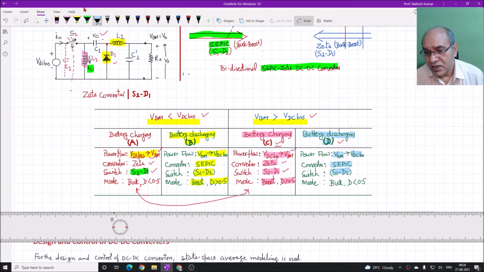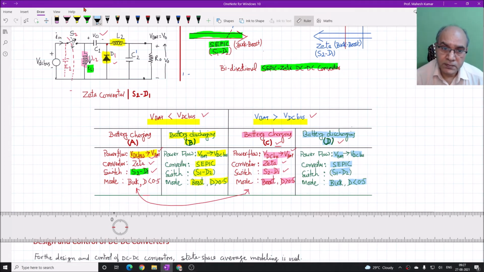And now since V_bat is more than V_DC bus, we are transferring power from high voltage to low voltage, and therefore this time the SEPIC converter is acting in the buck mode, and hence the duty cycle is less than 0.5.